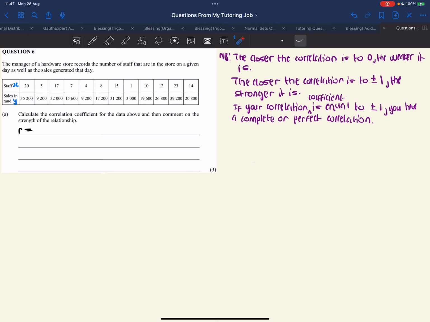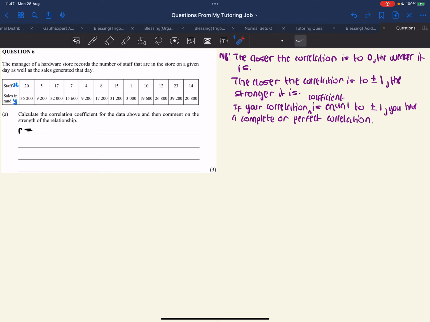If you click on option 5, you should see more options. It's going to give you A, B, and then in option 3 you're going to see r, which is what we're looking for. So click on option 3, and you're going to see r displayed on the screen. Now to find the correlation coefficient, you just say equals.